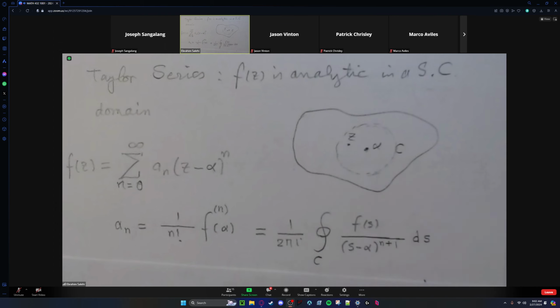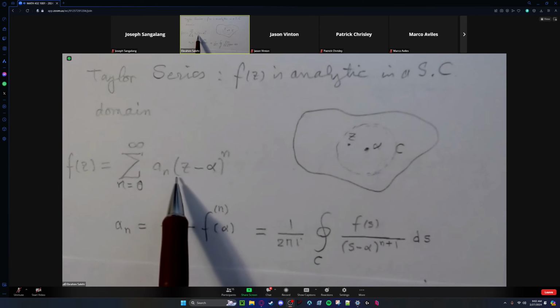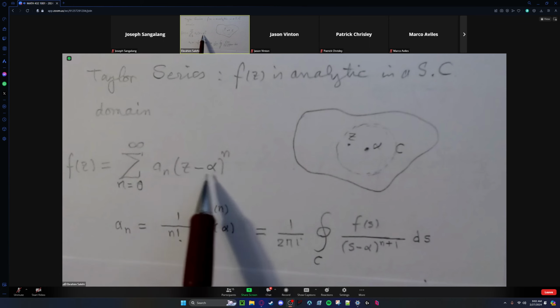Of course, the question is, what if we have a bad point there? If there is a bad point, then we will use another theorem, which is called the Laurent series. Still we are going to have a power series, but in that power series we are going to have also negative powers of z minus alpha.